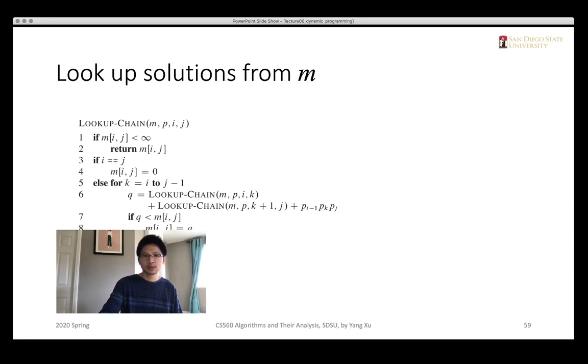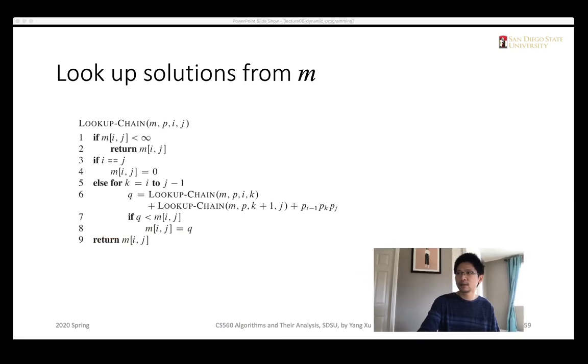Okay, so this is what the lookup chain method looks like. It's a top-down method. Given any inputs i and j, if we want to solve the problem i to j, we will first check if that element M[i][j] is already non-infinity.